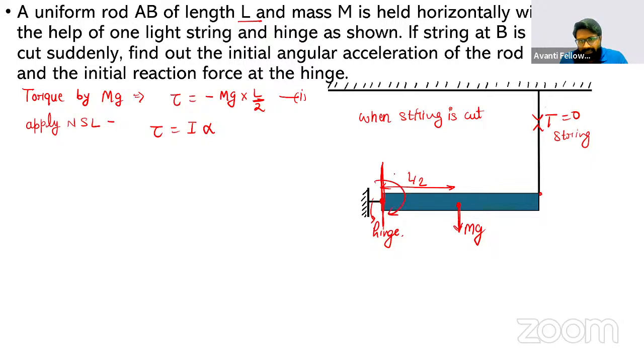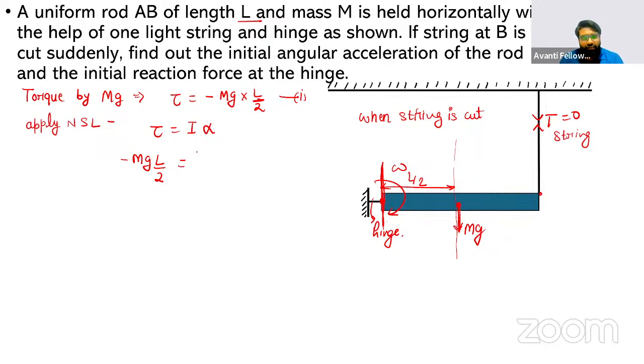Clear? Now see, the rod will rotate with the angular speed omega. Now torque is equal to mgL by 2. I is equal to nothing but, just a second. For the value of I, you can either apply the parallel axis theorem here, I about the center of mass, and about this you can calculate easily.